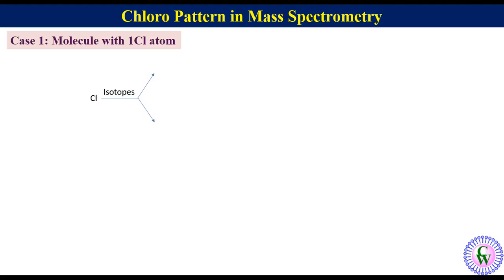Chlorine has two isotopes, Cl35 and Cl37. Their natural abundance is 75% for Cl35 and 25% for Cl37. Or we can say that the relative abundance of Cl35 and Cl37 is 3:1.